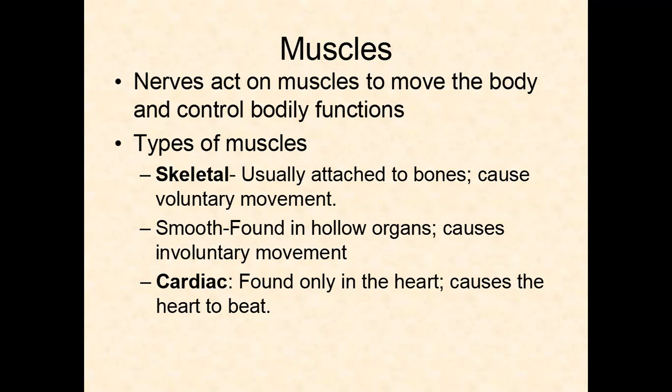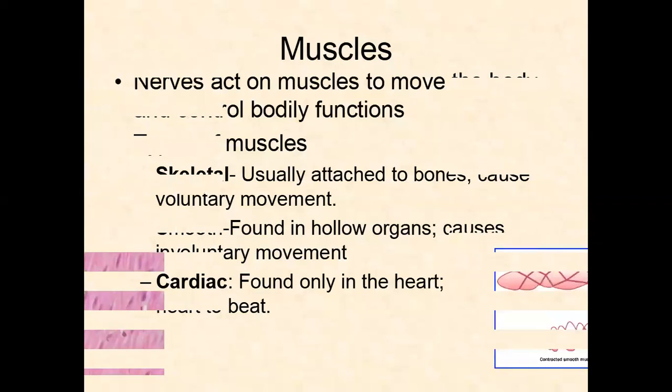Smooth muscles, found in hollow organs, cause involuntary movement. Smooth muscle is also a type of muscle connected with involuntary movement, that type of movement which cannot be controlled by oneself. And the third one is cardiac muscle, found only in the heart, and it causes the heart to beat. It is present only in heart muscles.